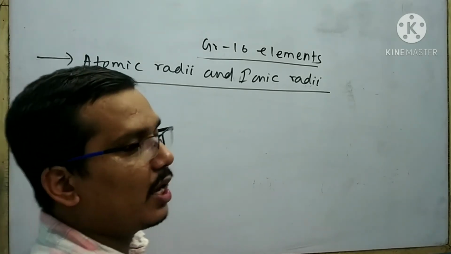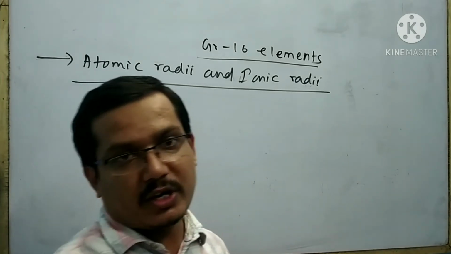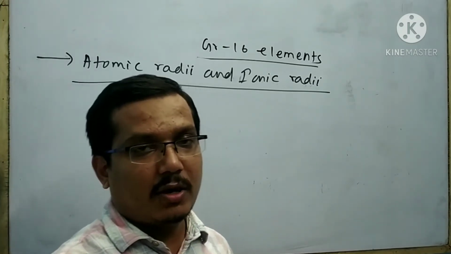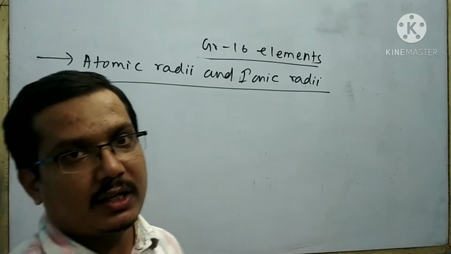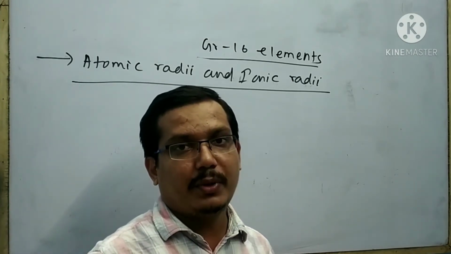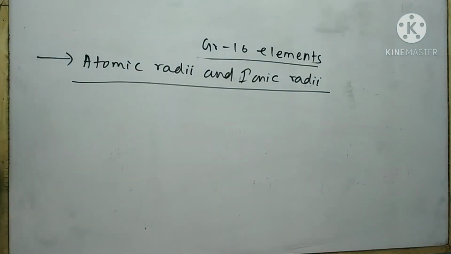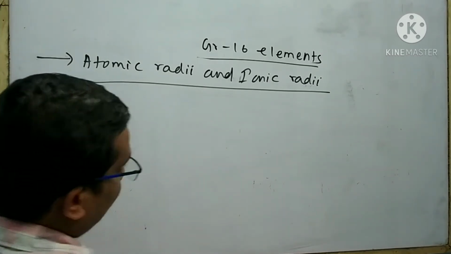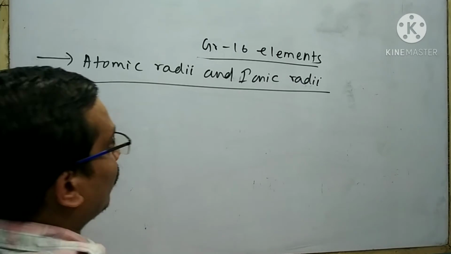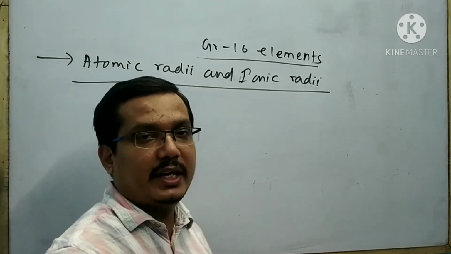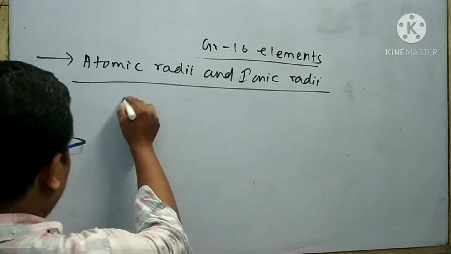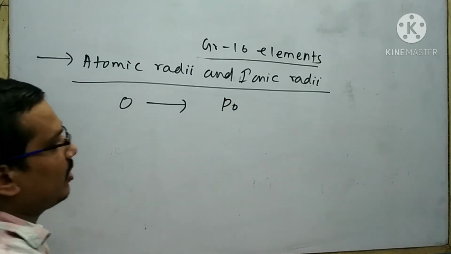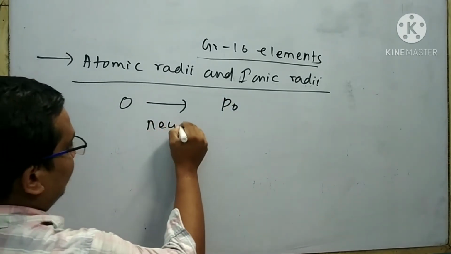This is due to the more effective nuclear charge of group 16 elements as compared to the corresponding elements of group 15. The atomic radius and ionic radius of group 16 elements go on increasing from oxygen to polonium. This is due to the addition of new shells.